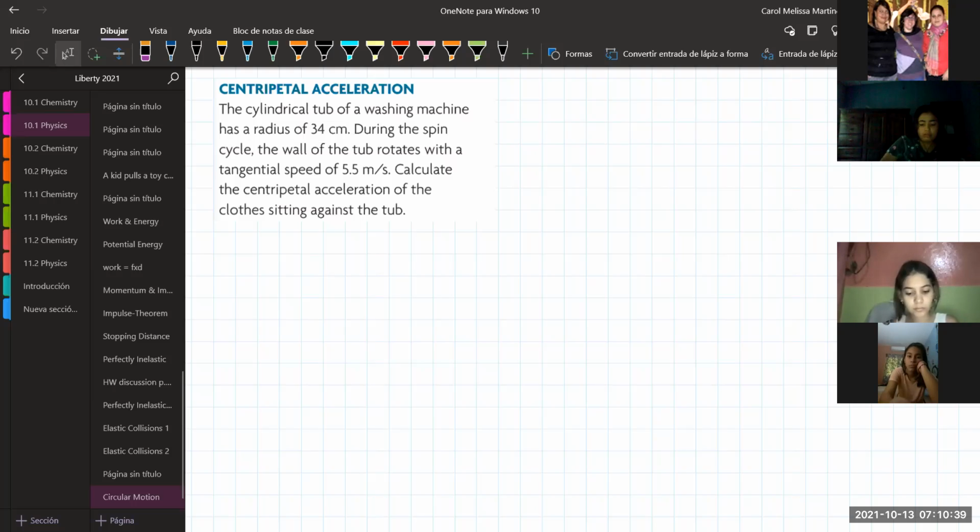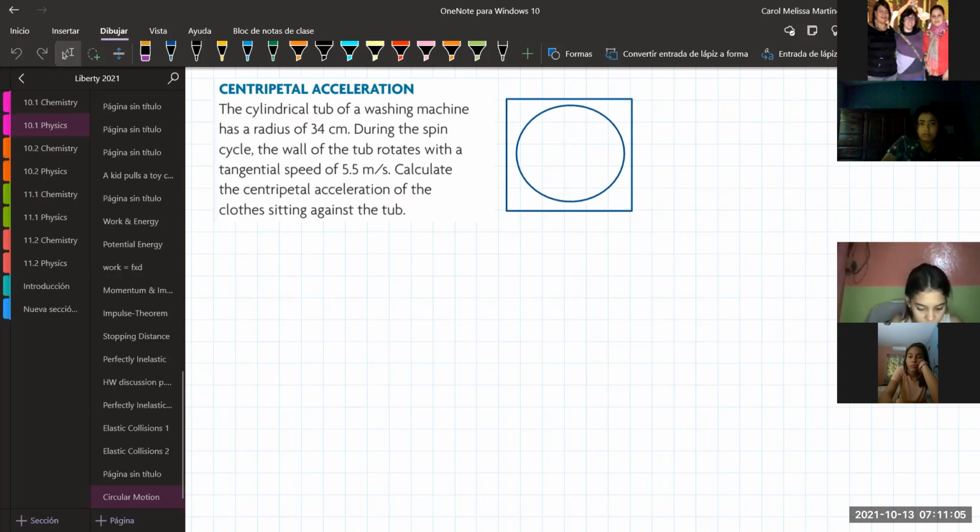Okay, so we are talking about a washing machine. If you have ever washed your clothes, you have noticed that internally, any washing machine works with centripetal acceleration.